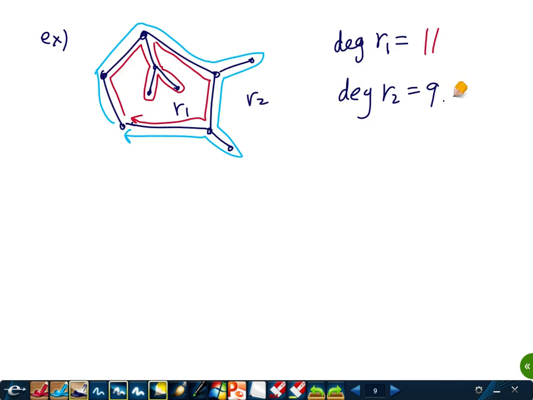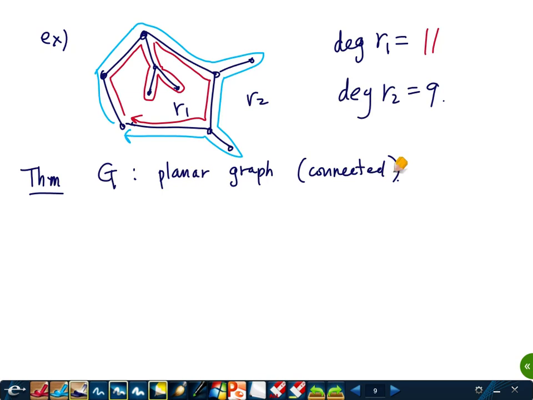Okay, and there is a nice theorem about the degree of a planar region, planar graph G. Let's consider connected, we will only consider connected.